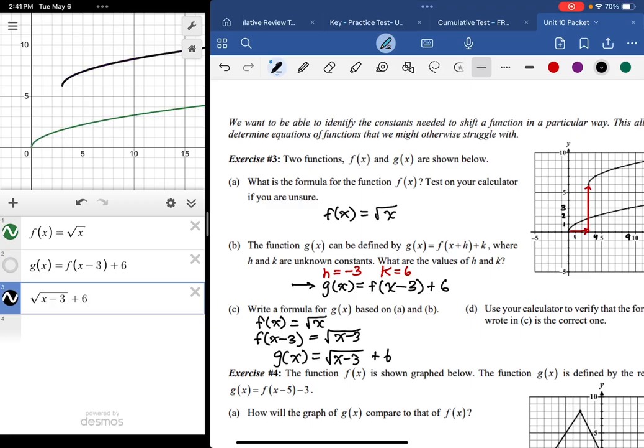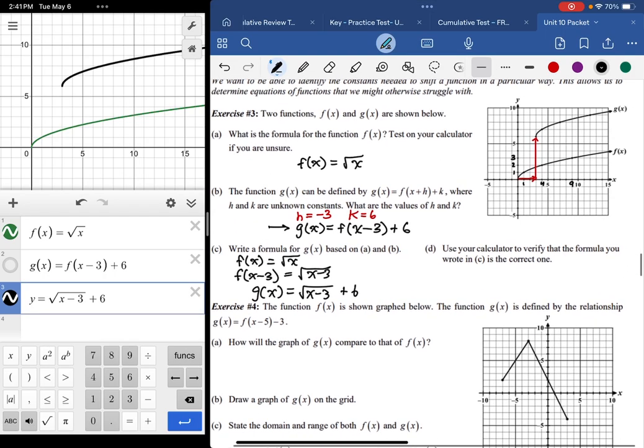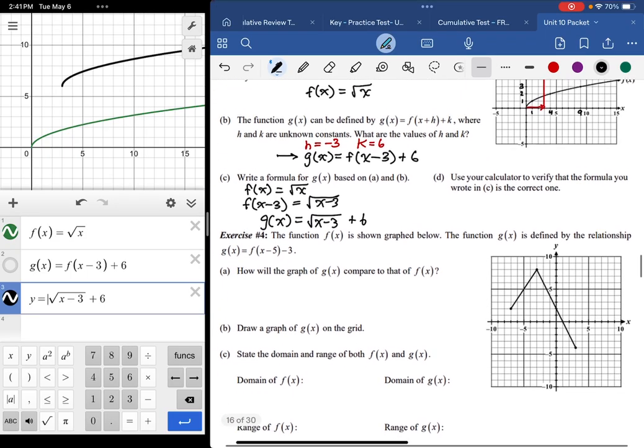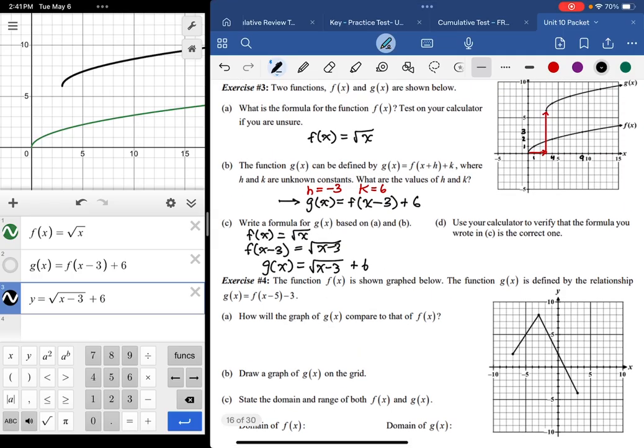They map to the same location. So turn one on, turn the other on, they're going to the same spot. Now I just put this in as an expression. I'll just do it as y equals as a placeholder, just so it's in the proper equation form. There's a bunch of different ways to get it in the calculator, which is kind of nice. Use your calculator to verify the formula you wrote in C is the correct one. I guess I just did that.